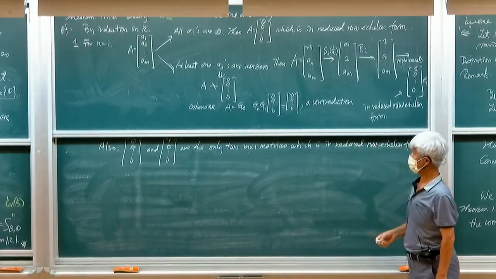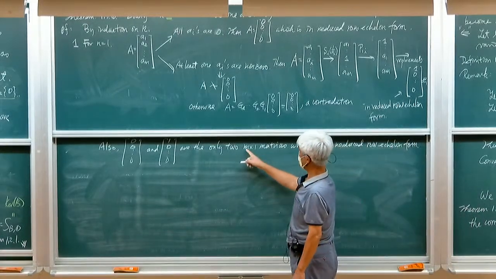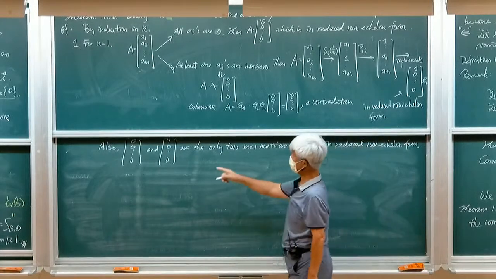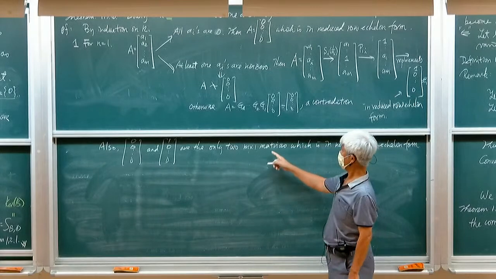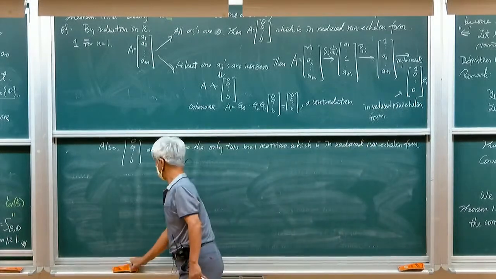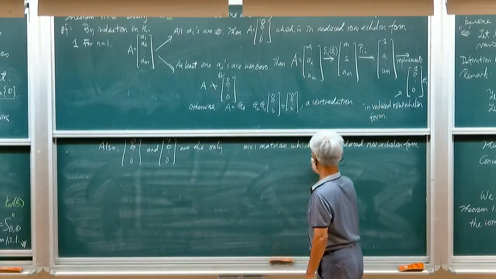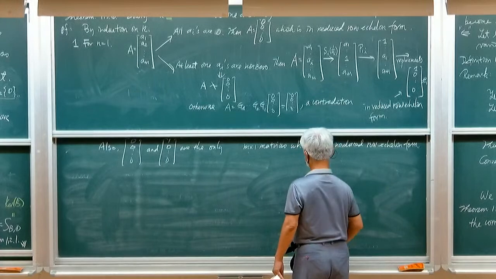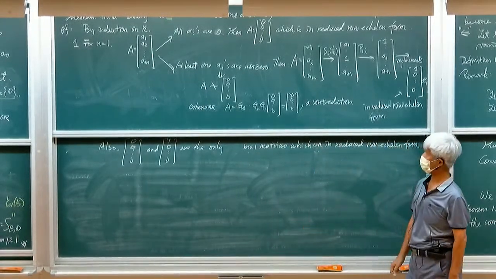Okay, and it is clear: if you see any m times n matrices, these two are the only m times 1 matrices which are in reduced echelon form.